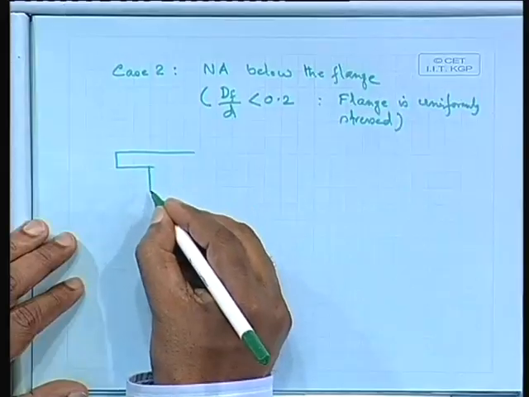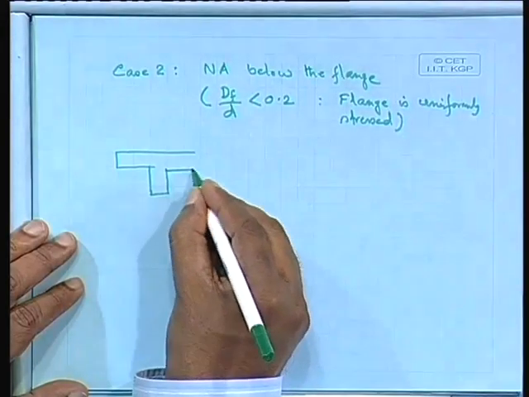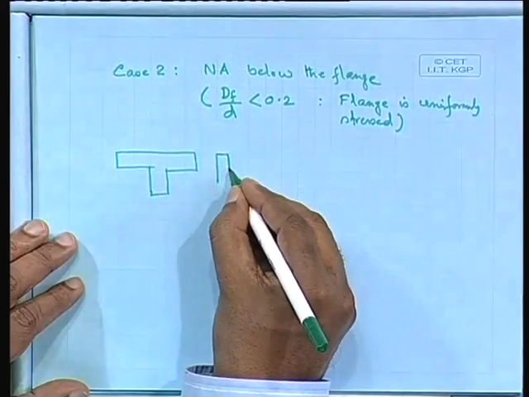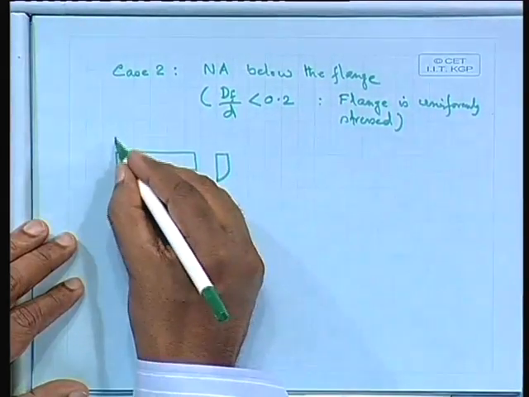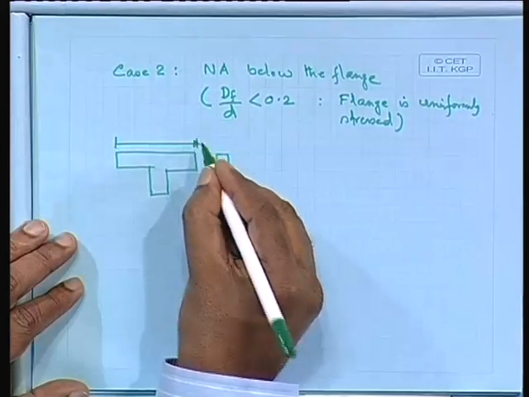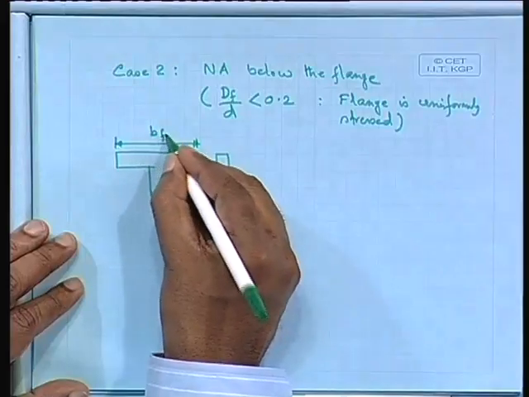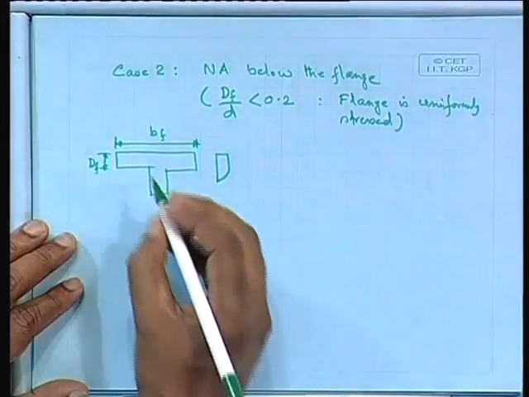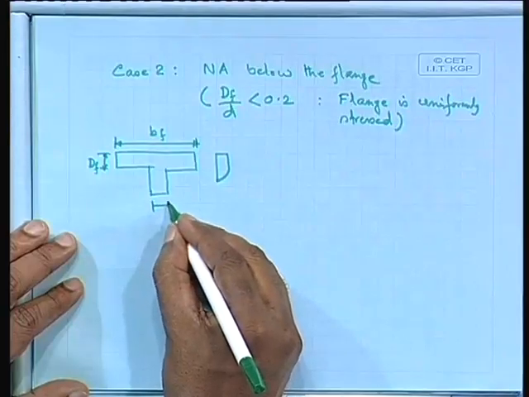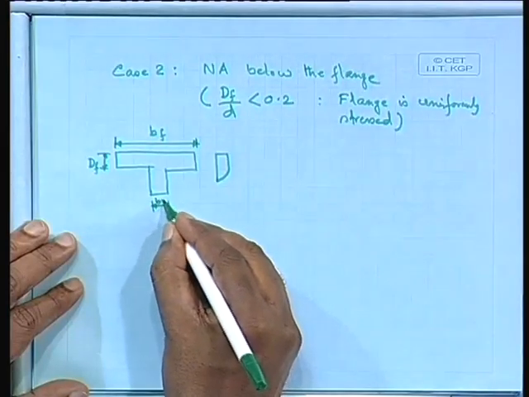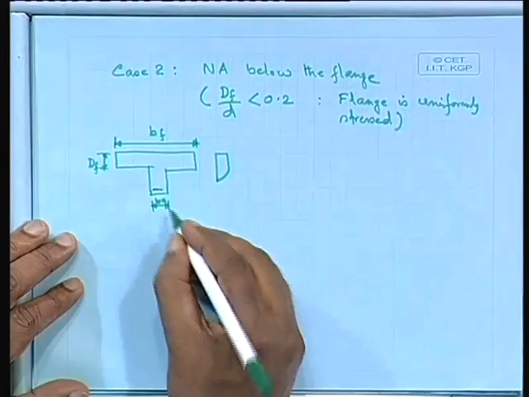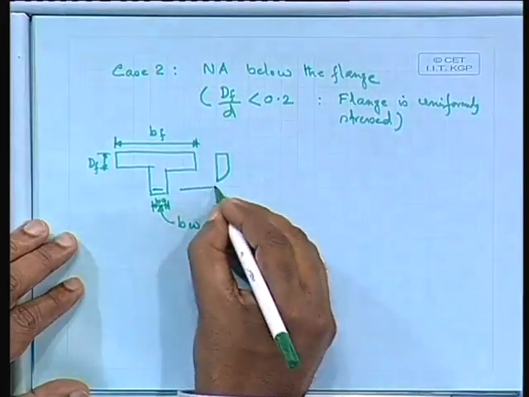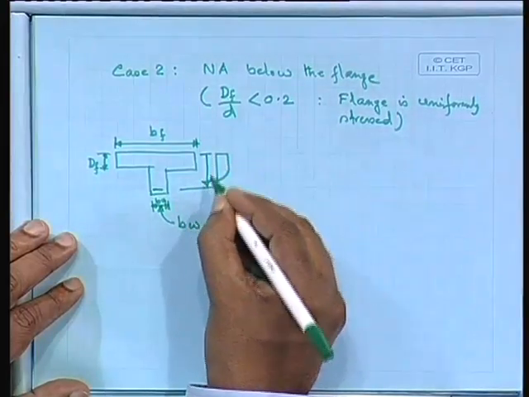Draw the figure once more. And bw, this is bw, and we have d.